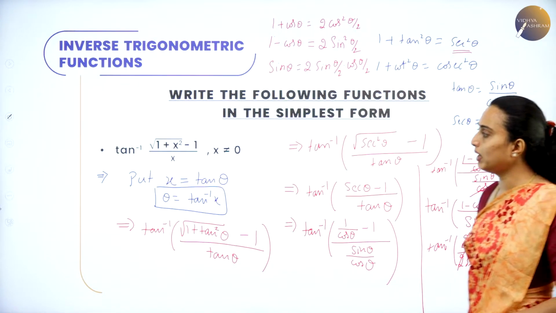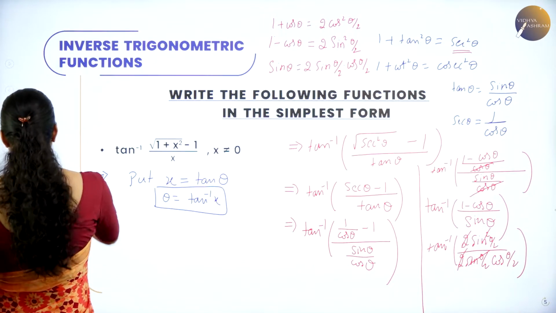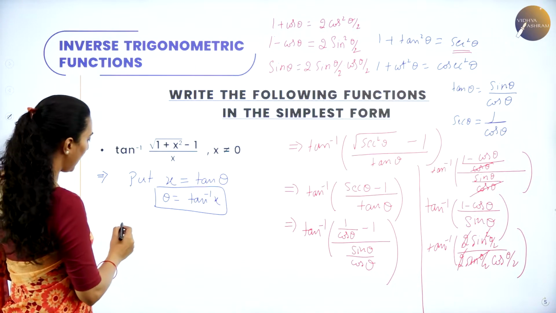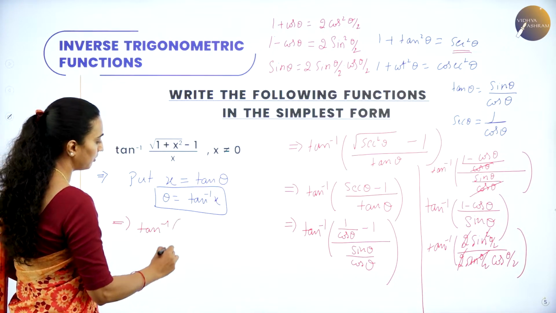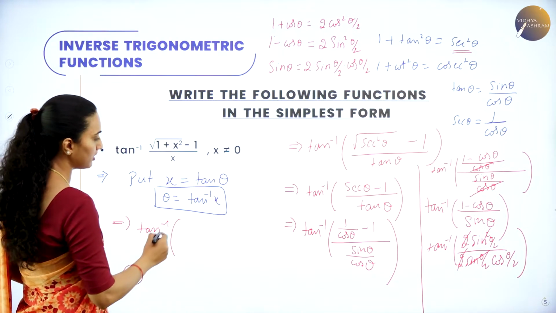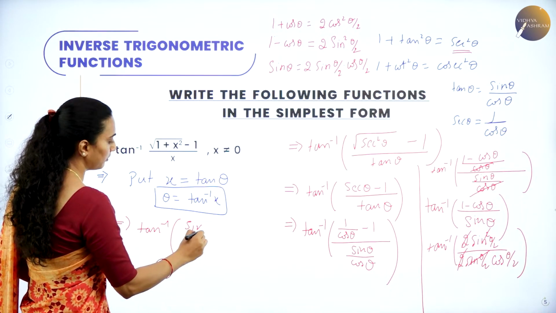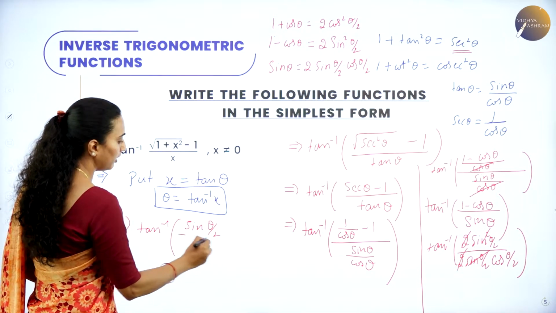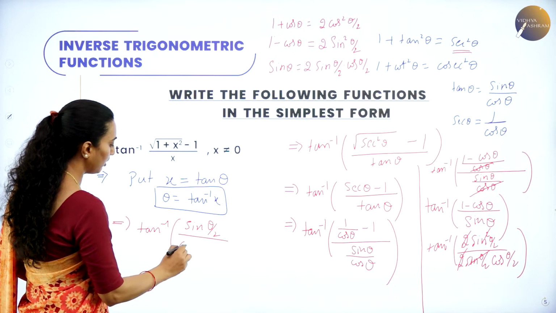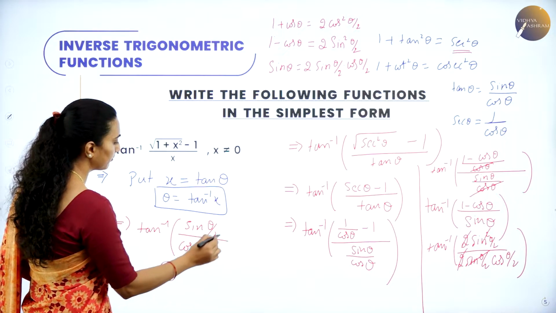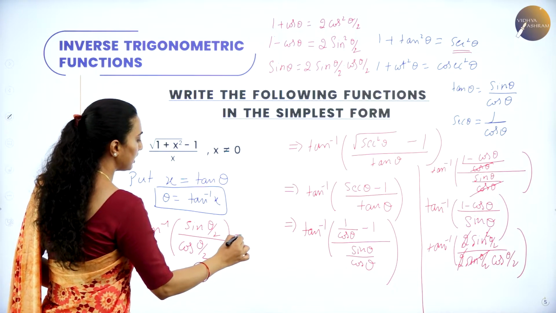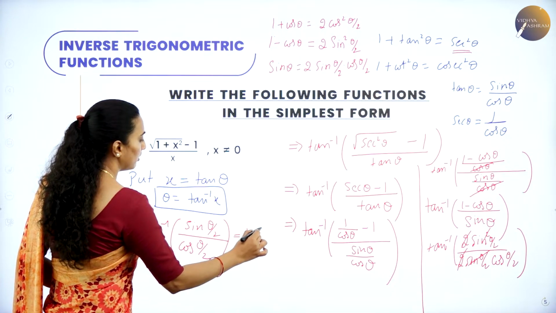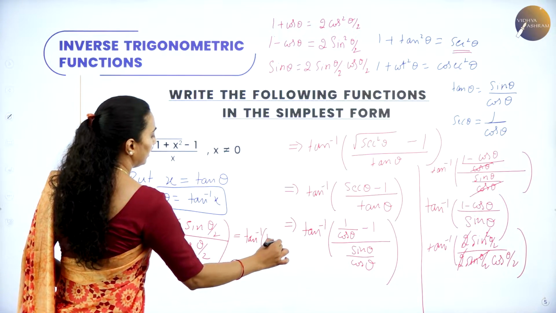So therefore you are going to remain with tan inverse of sin theta by 2 divided by cos theta by 2. Sin theta by 2 over cos theta by 2 is tan theta by 2. So tan inverse of tan theta by 2.